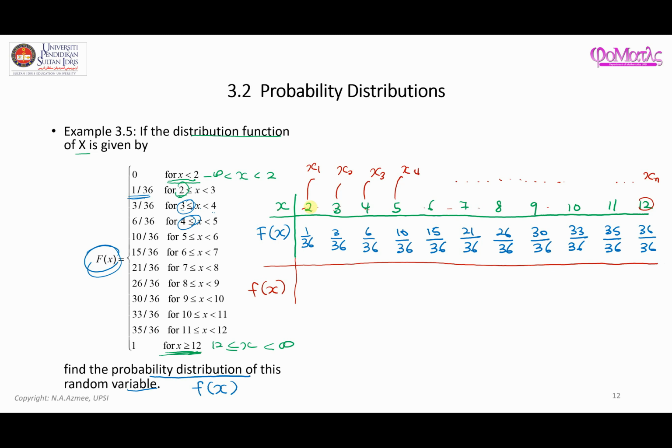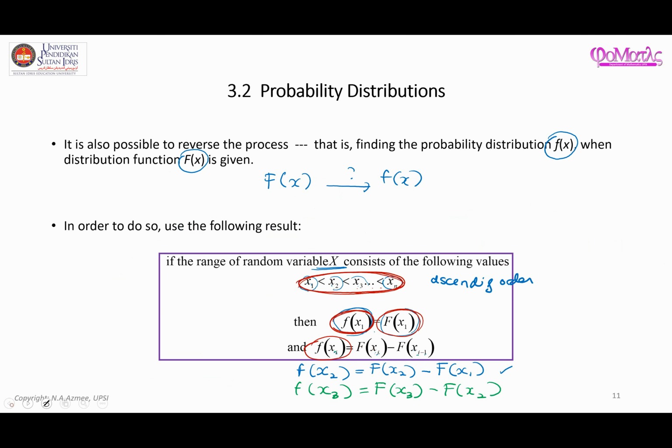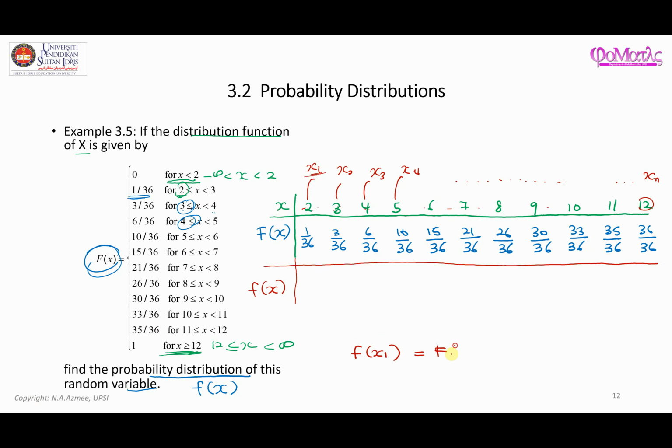So for this value, because this is the value for x1, I want to find f(x1). This is x1, so this is f(x1). The result here is going to be the same, which is 1 over 36.